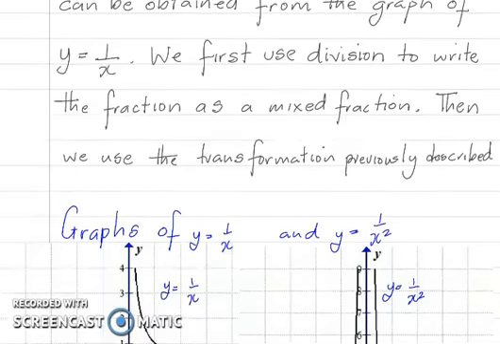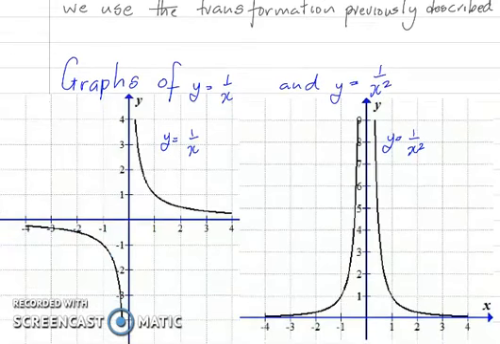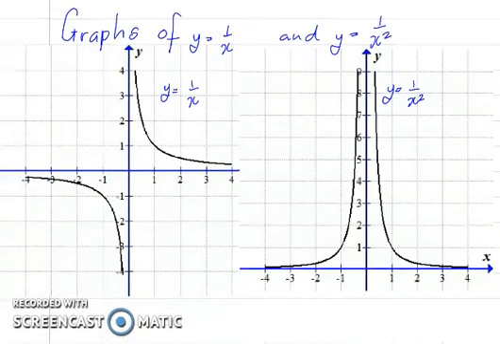Now, in this section, our starting point is either going to be the graph of y is equal to 1 over x, or the graph of y is equal to 1 over x squared. All right, now points on the graph y equal to 1 over x. When x is 1, y would be 1.